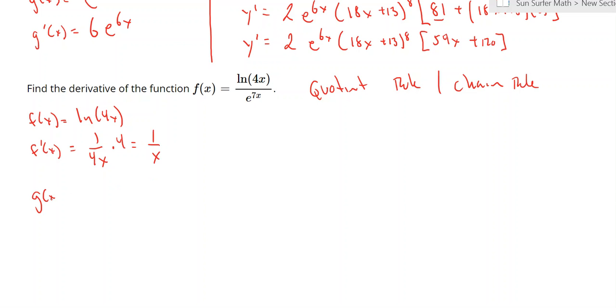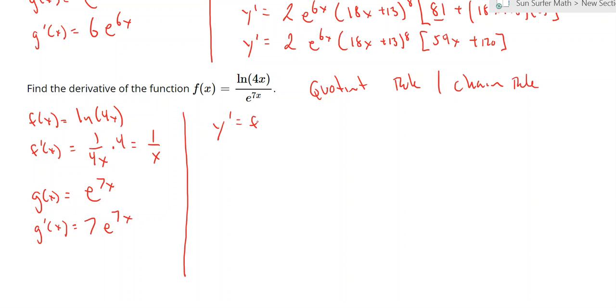G of x is the denominator, which is e to the 7x. And using the chain rule, the derivative of that is 7 times e to the 7x. So now we can put that together in our quotient rule.